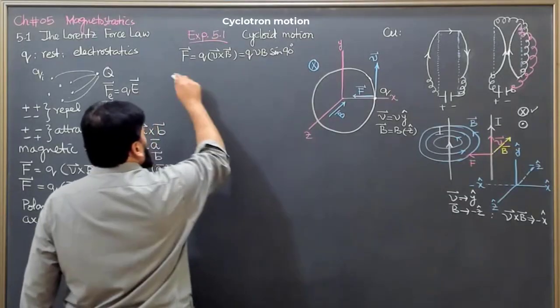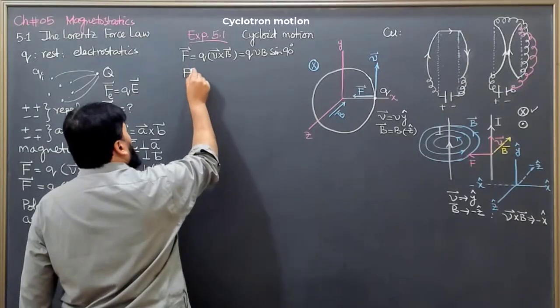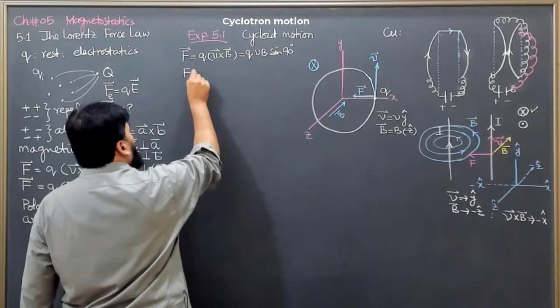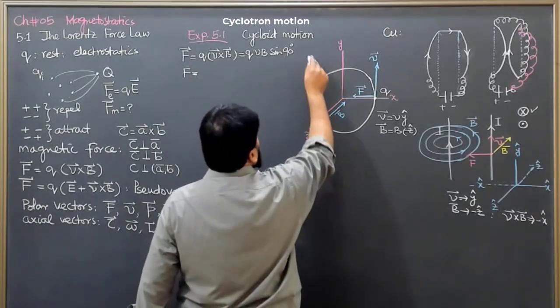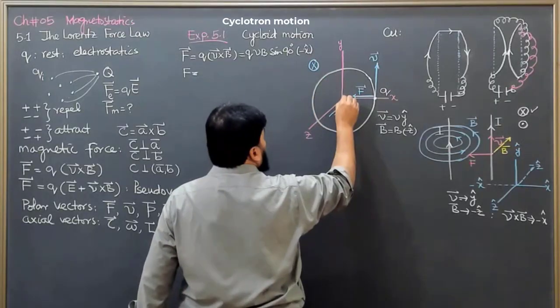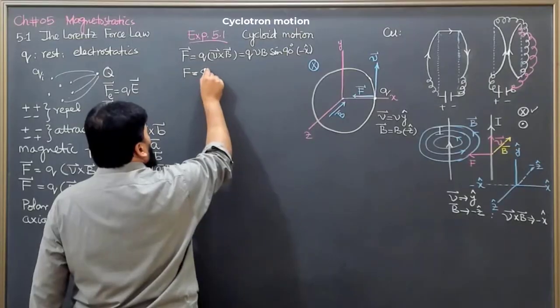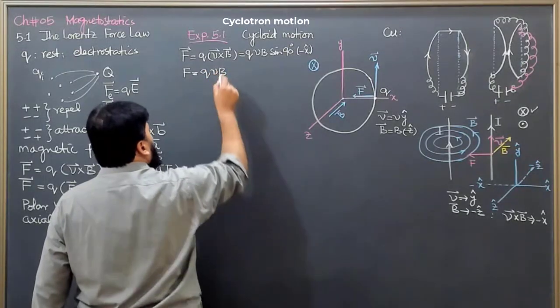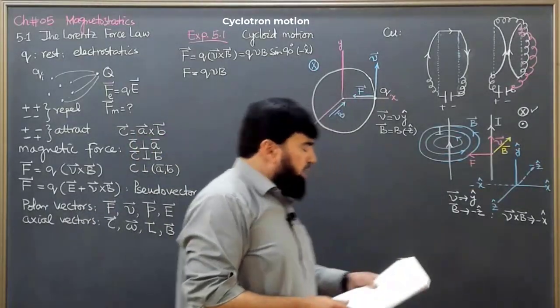So F is equal to q, and here I can write the direction as well, which is in the minus x direction, meaning toward the center of this circle. So F equals qvB, because sin 90 is equal to 1.